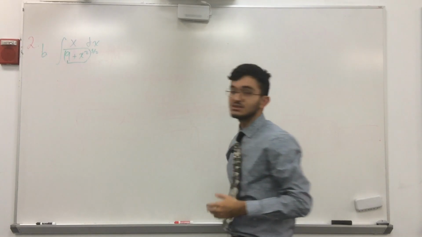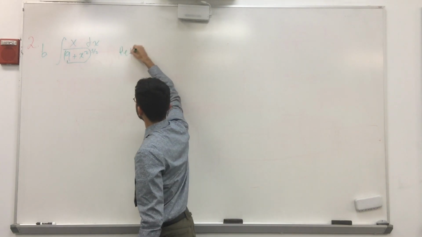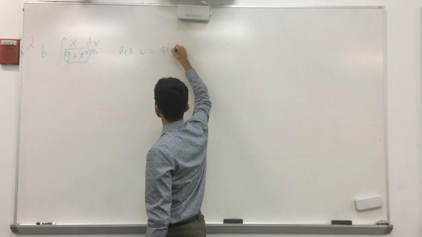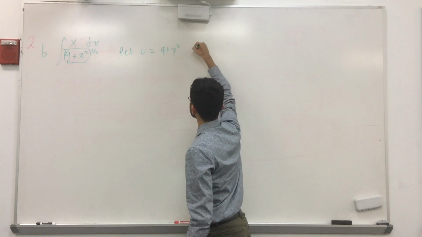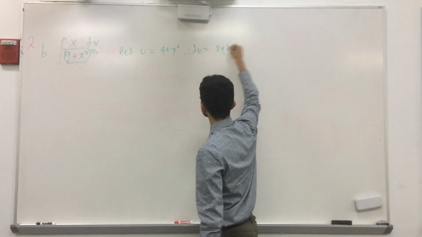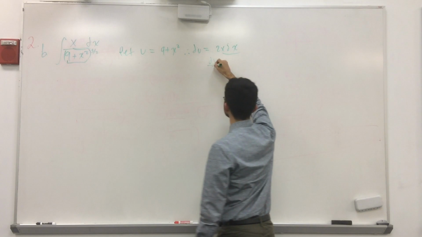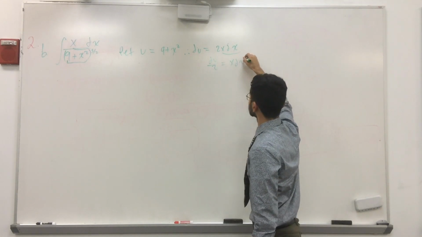So that tells us that a u substitution is probably the best to do. We're going to let u equal 9 plus x squared, such that du is equal to 2x dx. And we have an x dx on top, so du over 2 is equal to x dx.